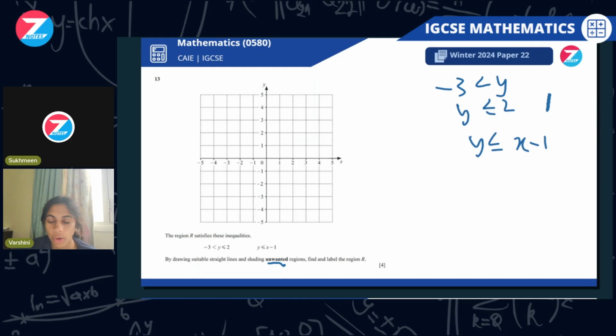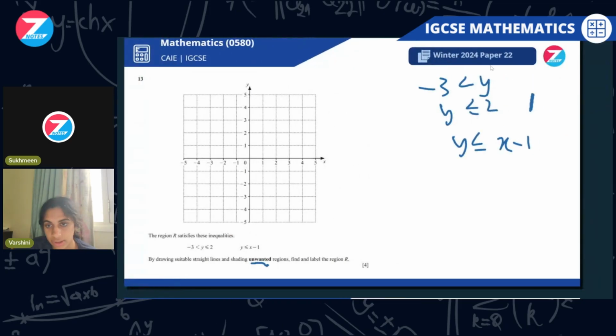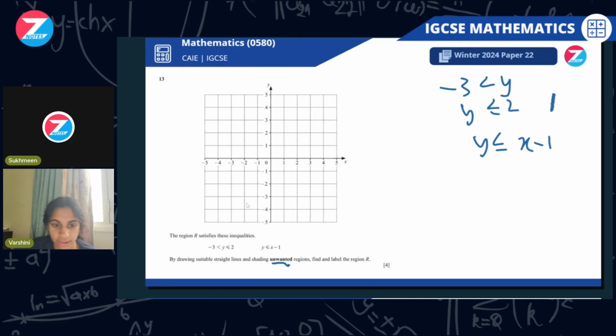Now first, we're just going to draw the lines. For this, all we need to do is draw the line of y equals minus 3. Over here, these are the y values: minus 1, minus 2, minus 3. Over here is going to be the y value of minus 3. And since it's just a smaller than sign, it's not going to be a dotted line.